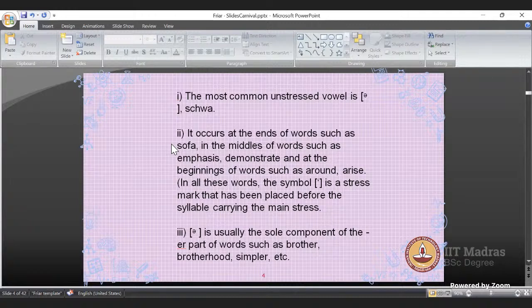The symbol for stress looks like it's not an apostrophe, but for convenience, you can at this point of time call it a reverse post office. No, it's not actually. It's actually called a prime, but since you are not initiated to that terminology, I avoided using it.